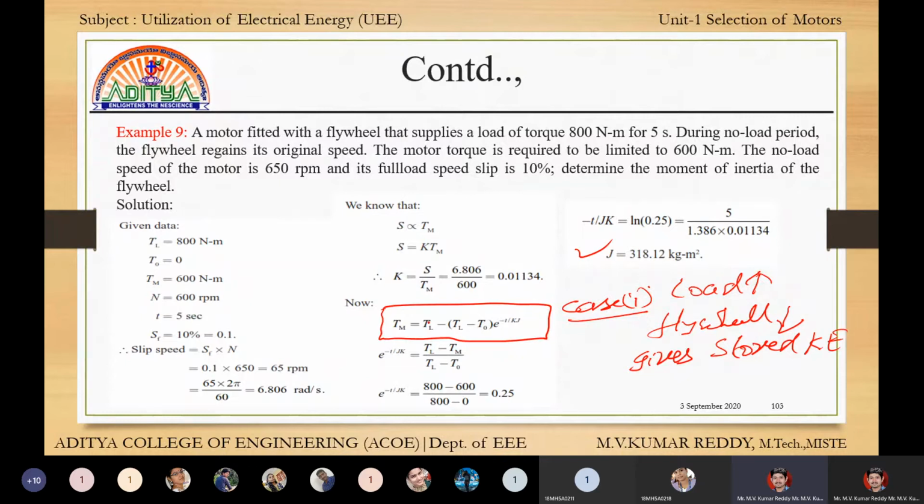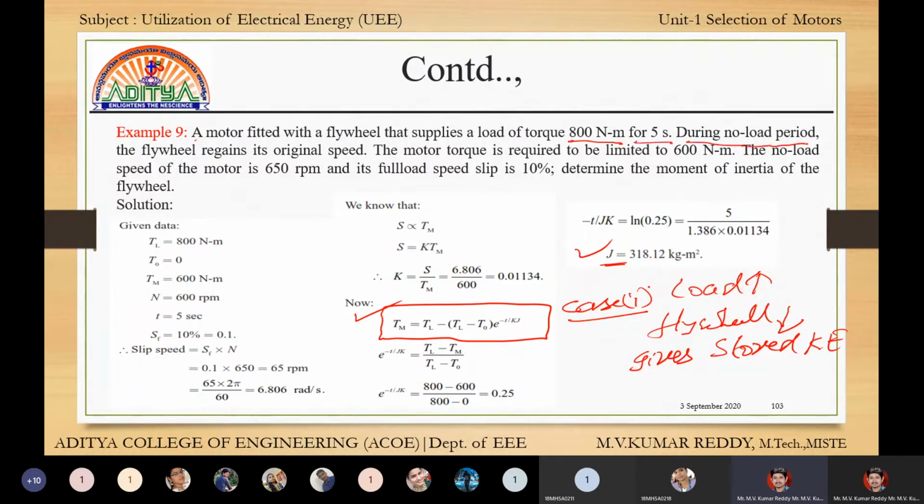In this condition, this is the formula: Tm is equal to TL minus T naught into e power minus T by kj. Here also you have to find a J value. The question is: a motor fitted with a flywheel supplies a load torque of 800 Newton meter for 5 seconds.